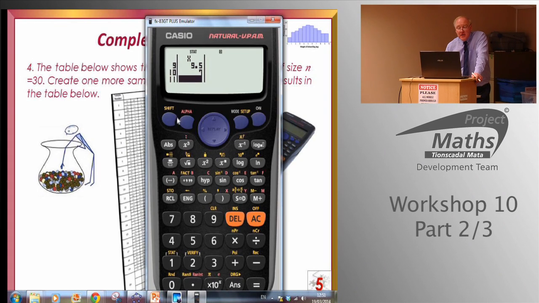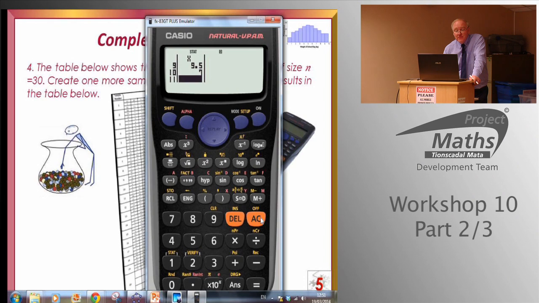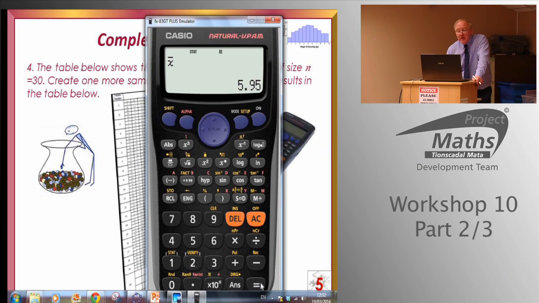When you get your 30 in, you just go AC, and then shift 1, 4, and then you have X bar, which is your 2, equals. So I got 5.95, say, for me.